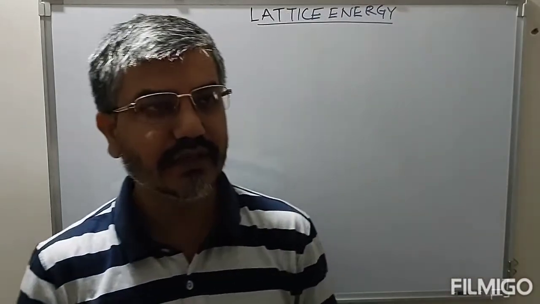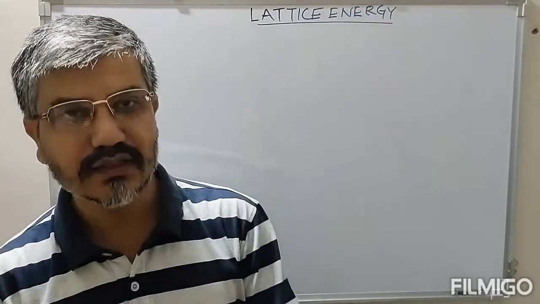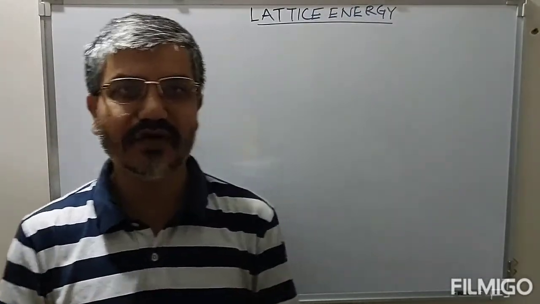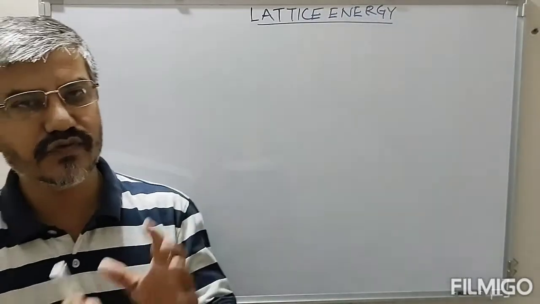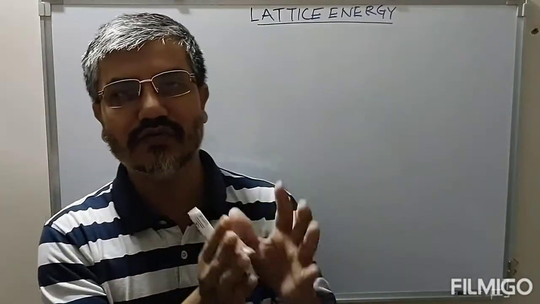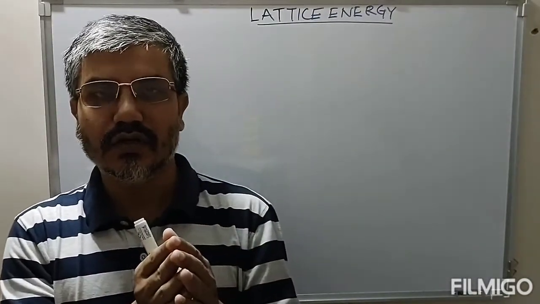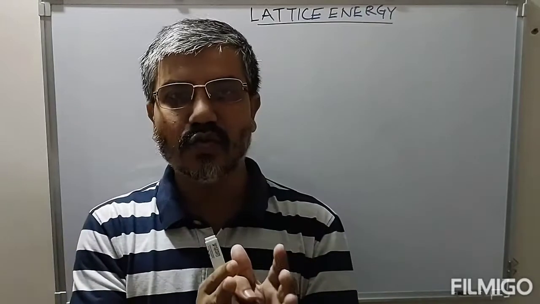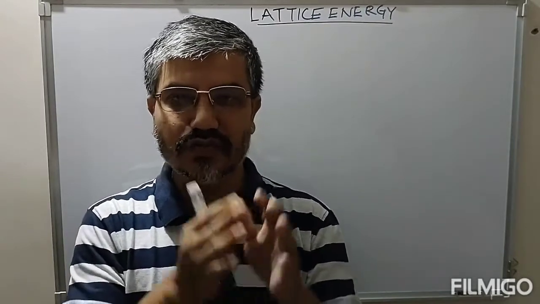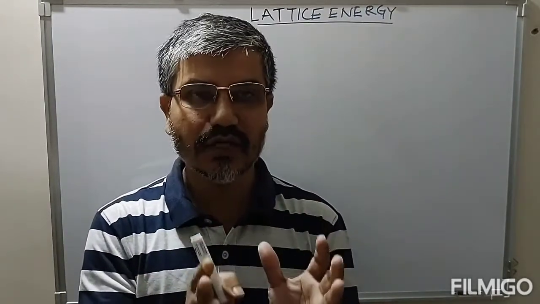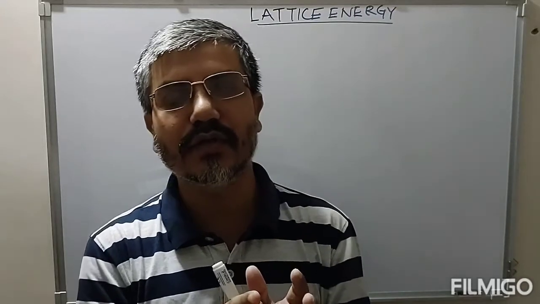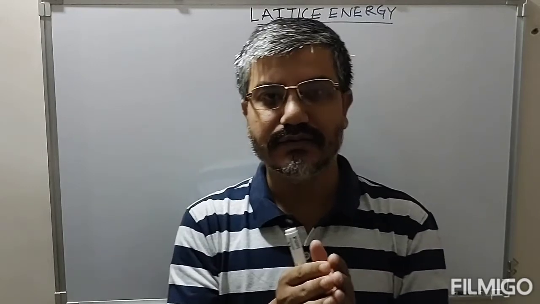On the other hand, the lattice energy can also be defined as follows. Suppose we have 1 mole of an ionic compound. To break or dissociate this 1 mole of ionic compound, how much energy is to be supplied?